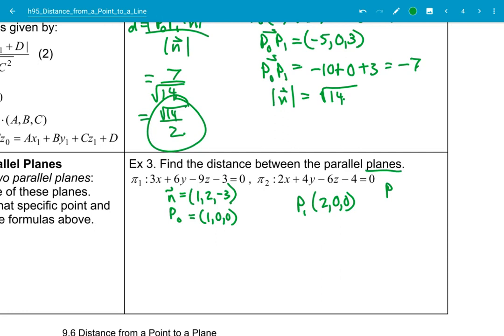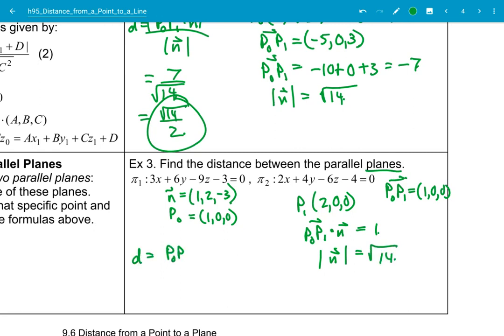P naught to P1 then is simply 1, 0, 0. P naught to P1 dotted with the normal is just 1. The magnitude of the normal is root of 14. So distance is P naught to P1 dotted with the normal over the magnitude of the normal, which is 1 over root 14, or root of 14 over 14.